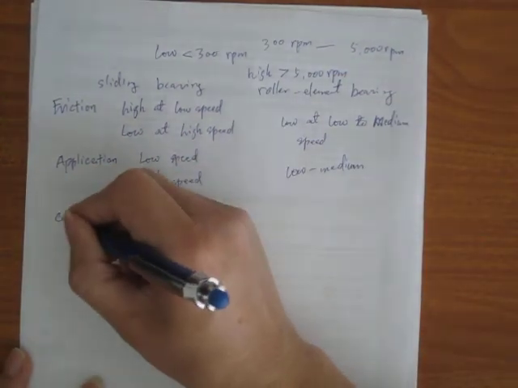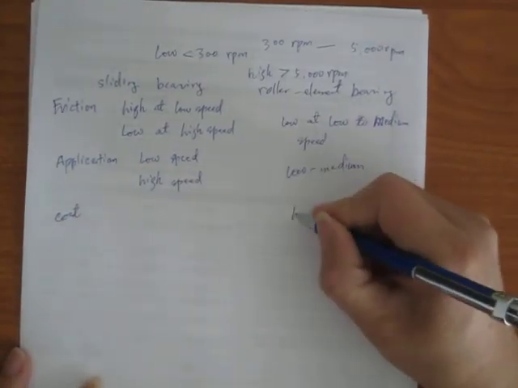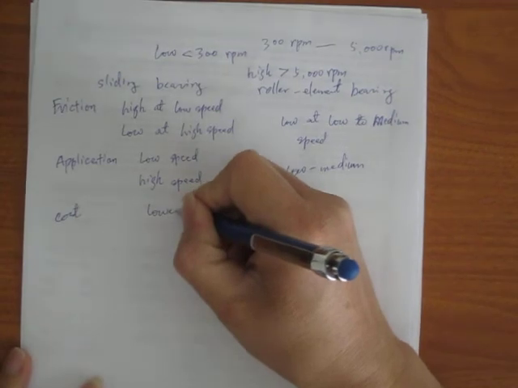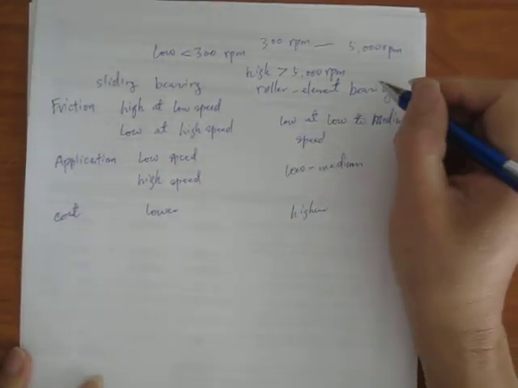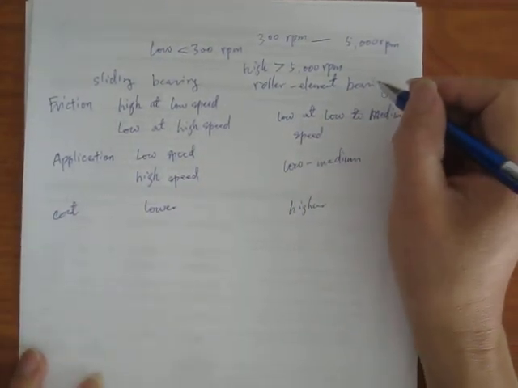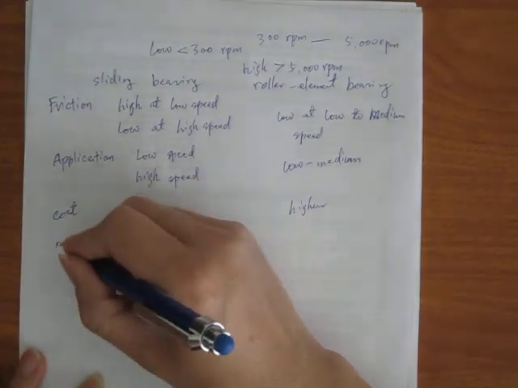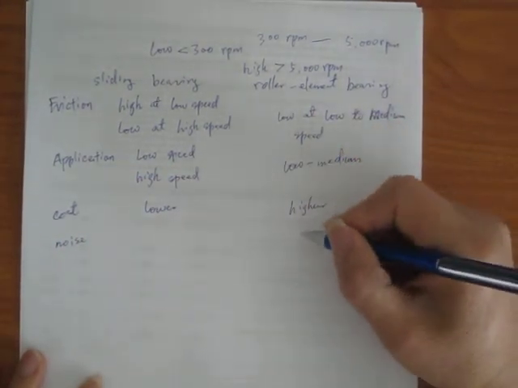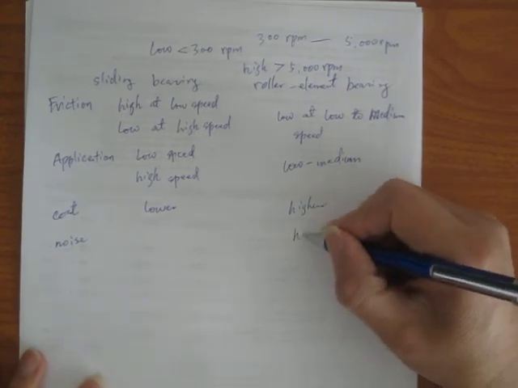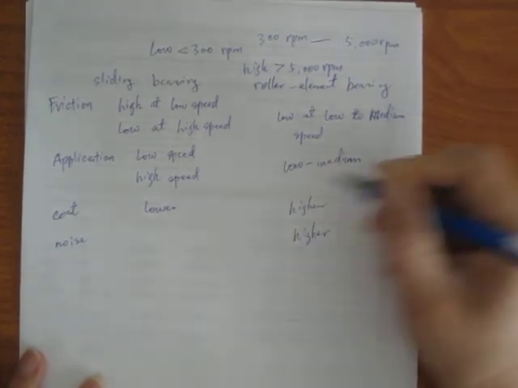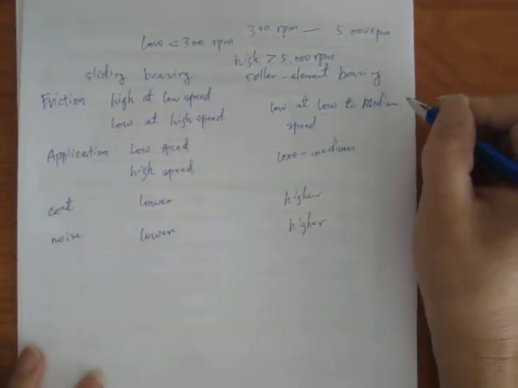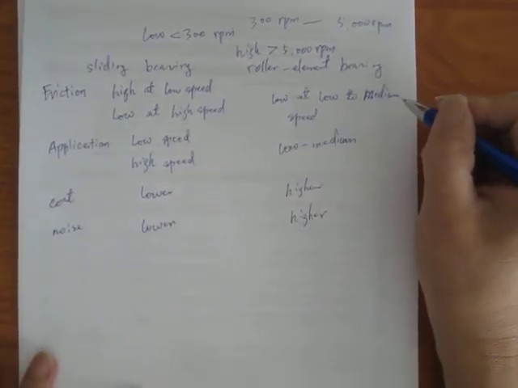And the cost. Normally this one is higher. This one is lower. And noise. Normally the ball bearing is higher noise. This one is lower.